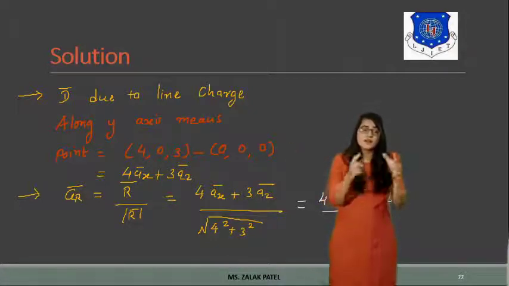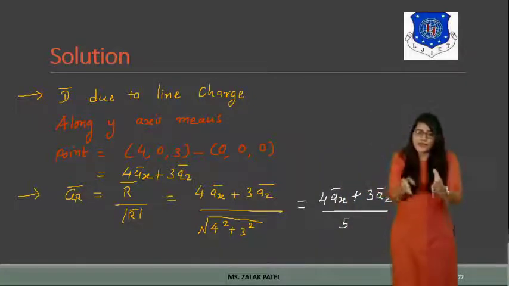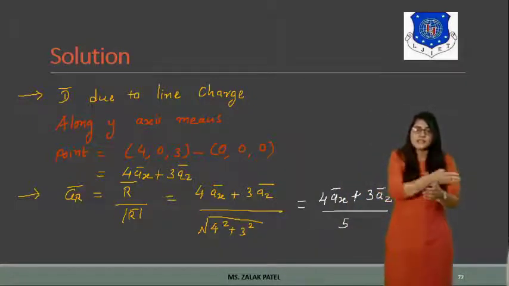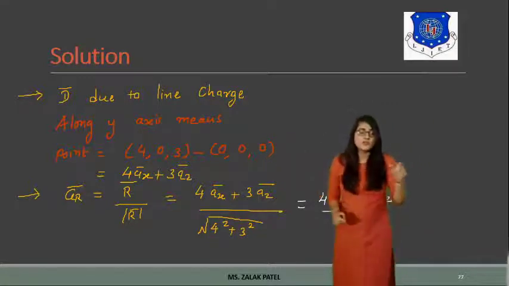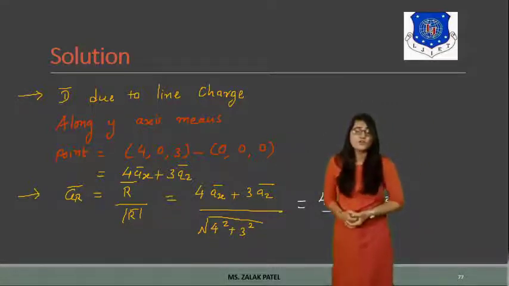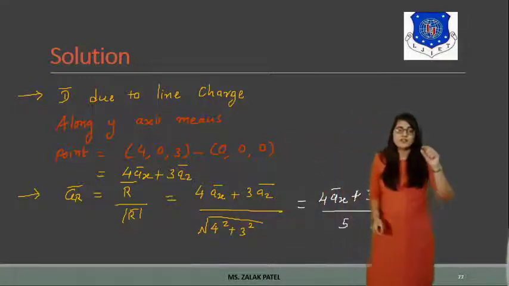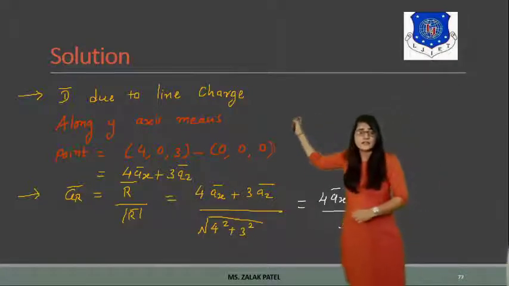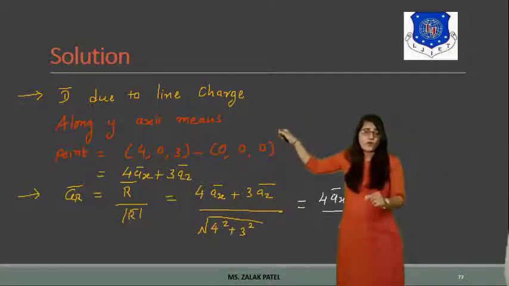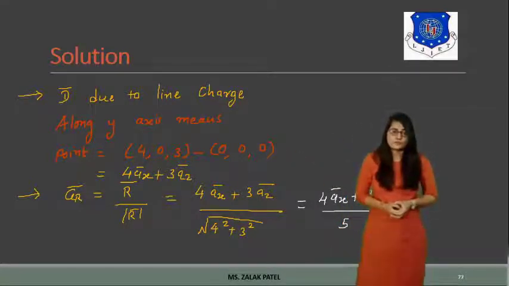If it is asked along the x-axis, then you put the x coordinate the same as in the desired point and the remaining as 0, so it will be (4,0,3) minus (4,0,0). Okay, got it? Here along the y-axis is given, so we put the y coordinate as it is. The y coordinate is 0 in the desired point, so we put 0 and the remaining two are 0, 0.